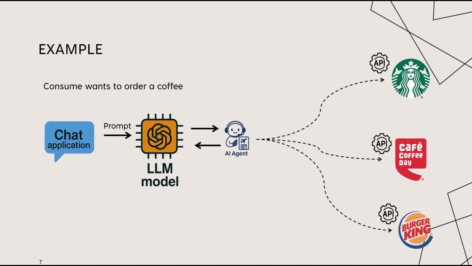Now that we understand an agent can use the APIs exposed by a third-party vendor to place a coffee order, the next question is, how does the agent know which APIs are available, what the request structure looks like, what the response format is, and how to invoke them? This is where the concept of MCP, or Model Context Protocol, comes into play.